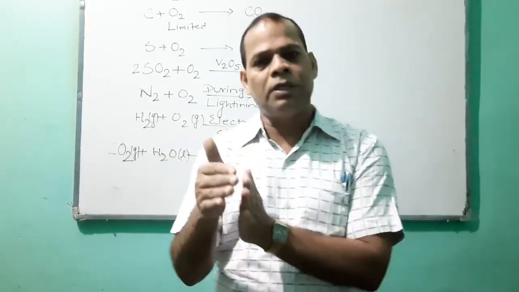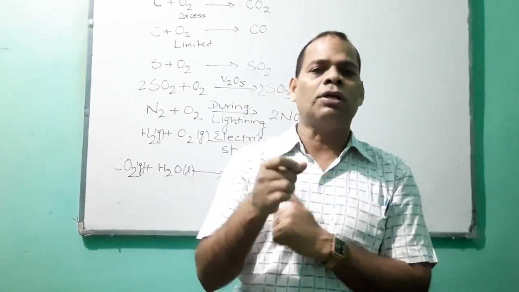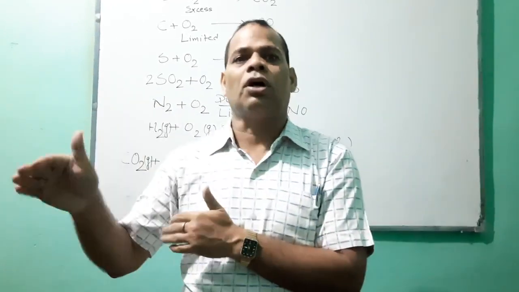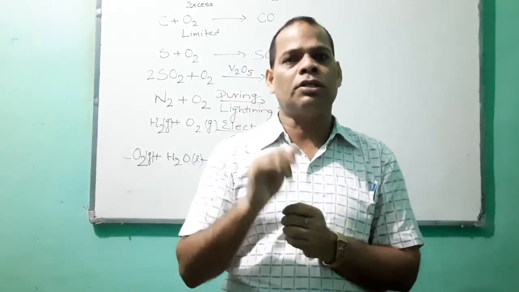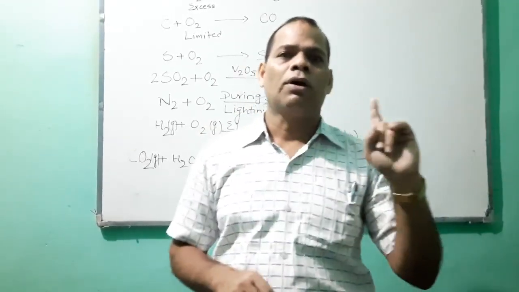So they prefer to gain electrons in order to acquire the nearest noble gas configuration. Like fluorine has electronic configuration 2, 7 because its atomic number is 9.